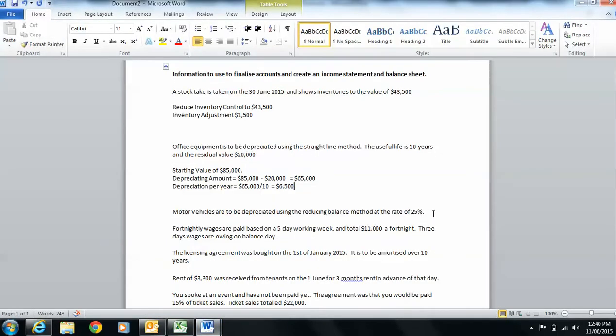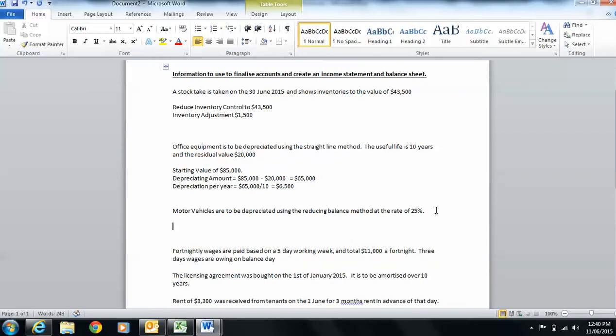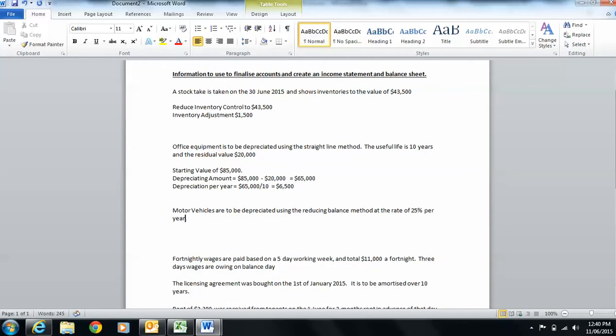The third one, motor vehicles are to be depreciated using the reducing balance method at the rate of 25% per year. So let's think about the starting value. It is going to equal whatever we paid for the motor vehicles minus the accumulated depreciation.